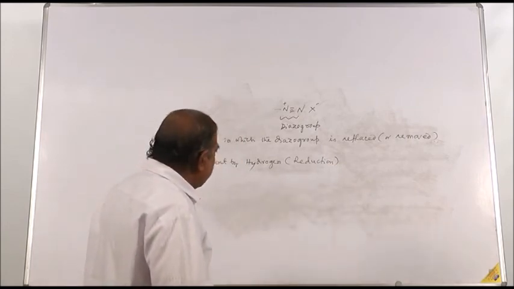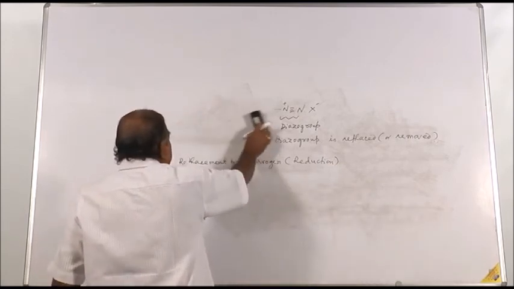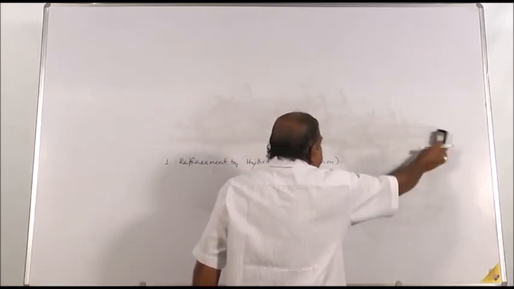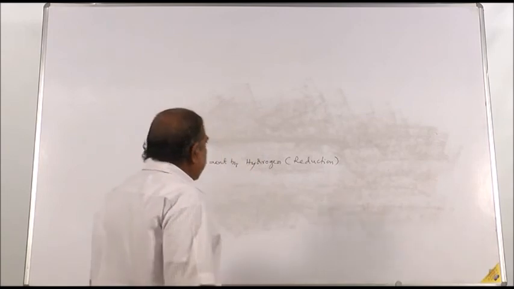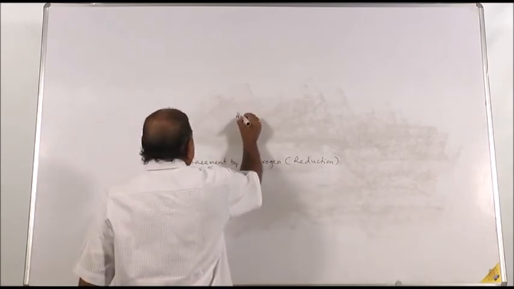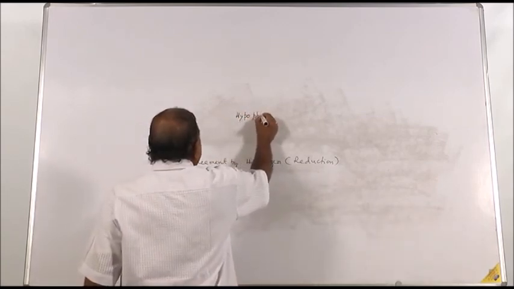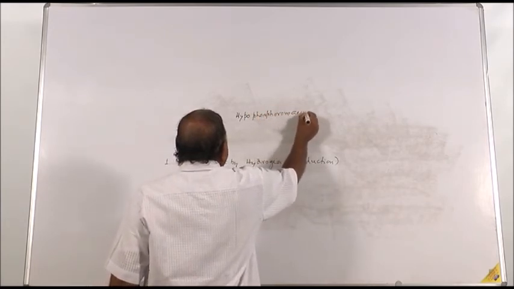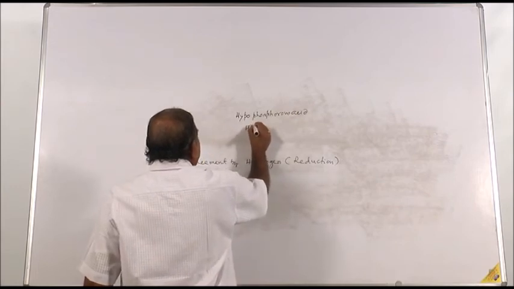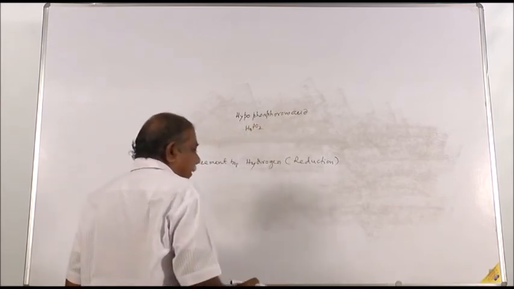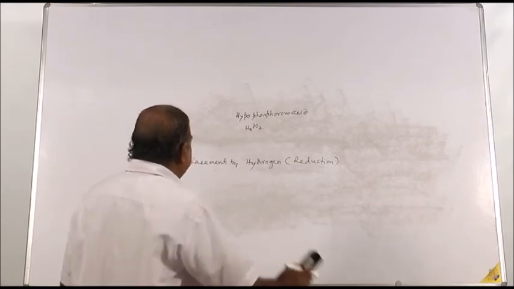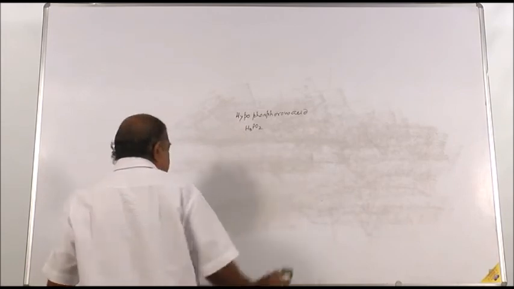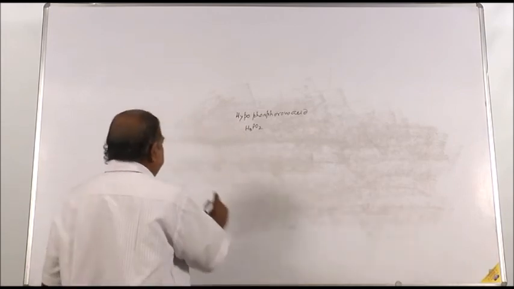When benzene diazonium chloride is treated with hypophosphorus acid, H3PO2 its formula, it gets reduced to benzene, and hypophosphorus acid is oxidized to phosphorus acid.